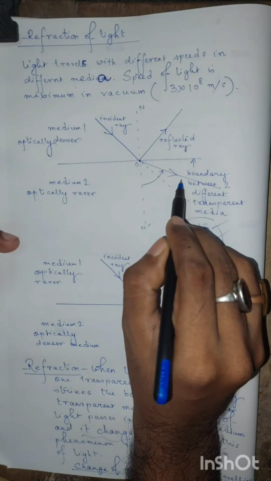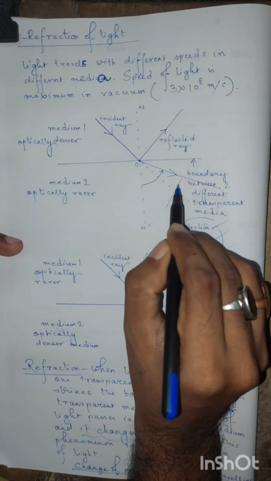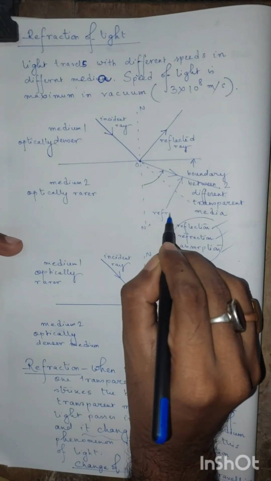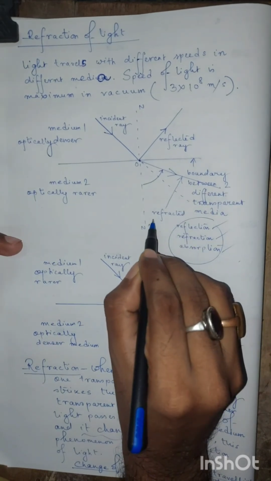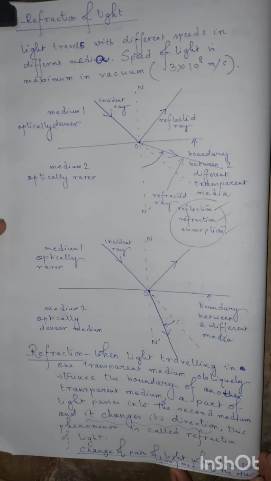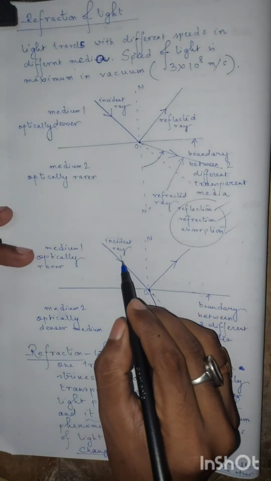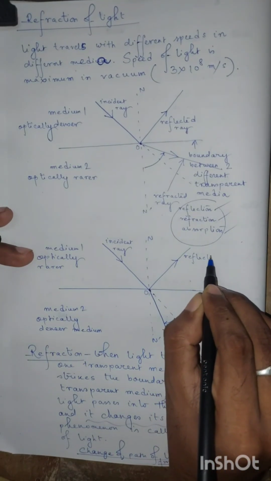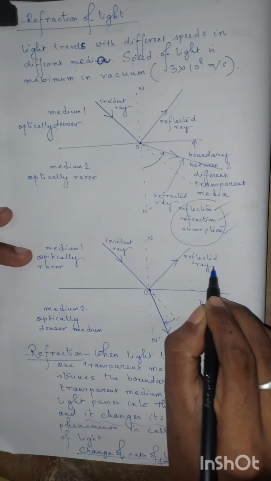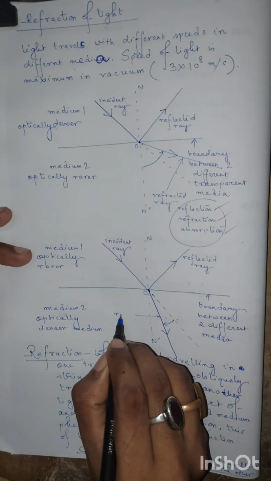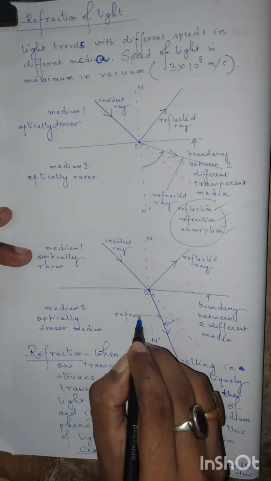This is our refracted ray. And this is our incident ray. This is our reflected ray. And this is our refracted ray.